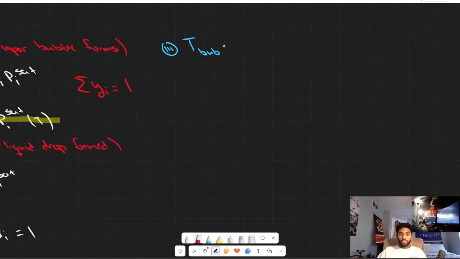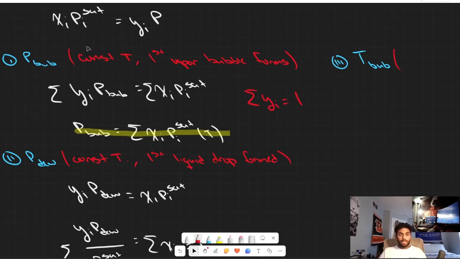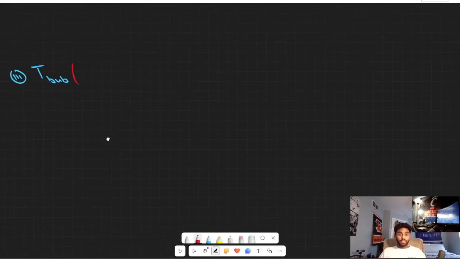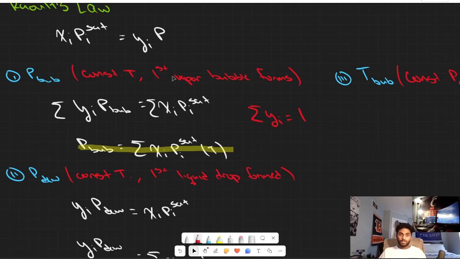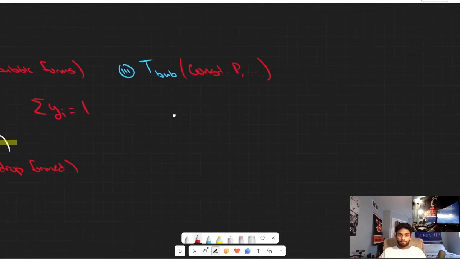Now we are reversing the fact that we had a constant temperature, because now we are adjusting the temperature to meet our bubble point. So we'll instead have a constant pressure this time. And it's the same conditions for the bubble pressure, which was the first vapor bubble forms.